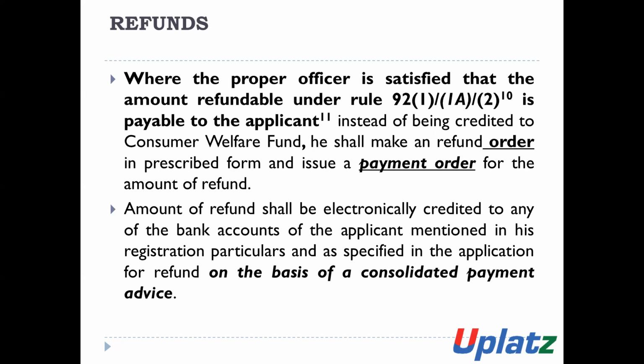He shall make a refund order in the prescribed form, and he will issue a payment order for the payment of such amount when he is satisfied that such amount is required to be paid to such person.